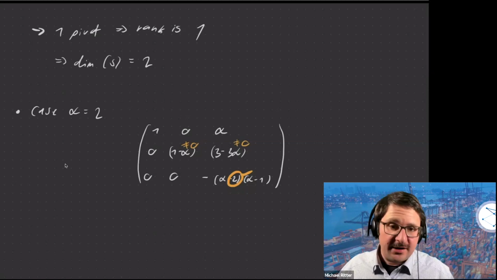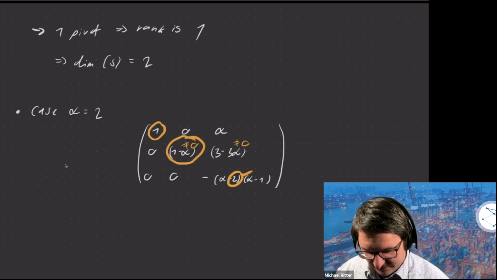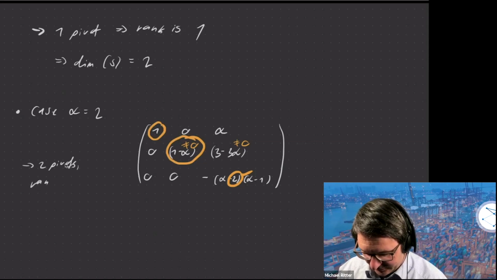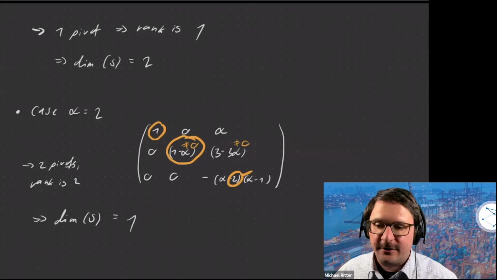And that means we get a 0 row, but we have a pivot element here and we have a pivot element here. So that means 2 pivots. The rank is 2. And that in turn means the dimension of the solution space is going to be 1. It's going to be 1 free variable.